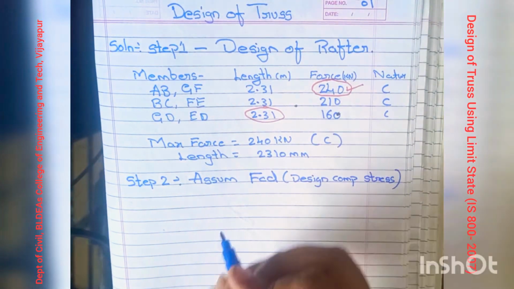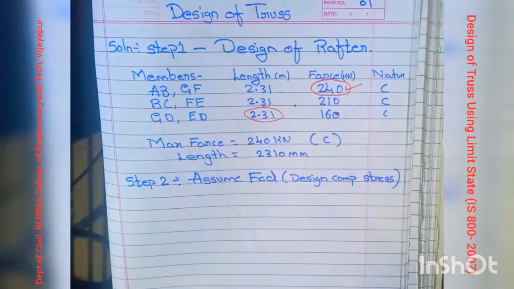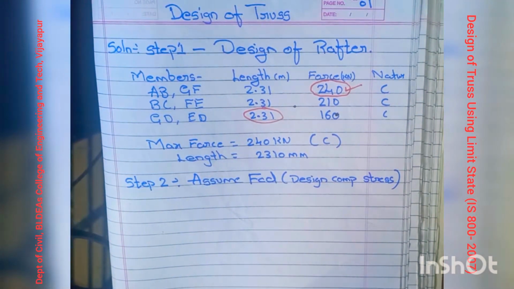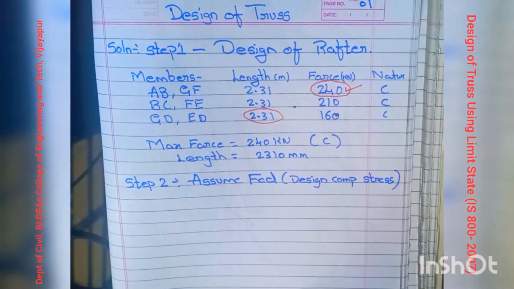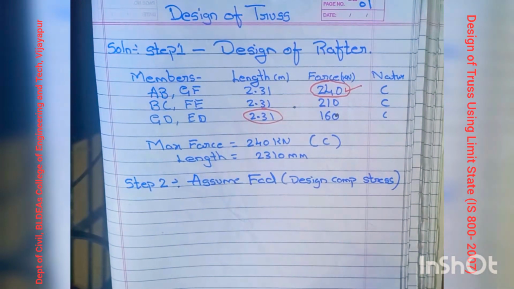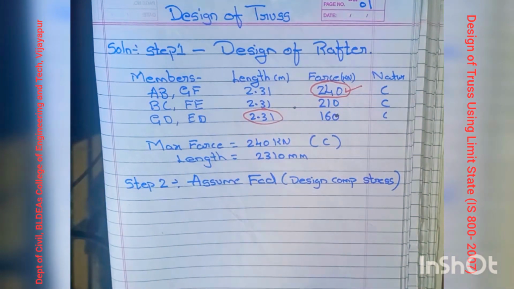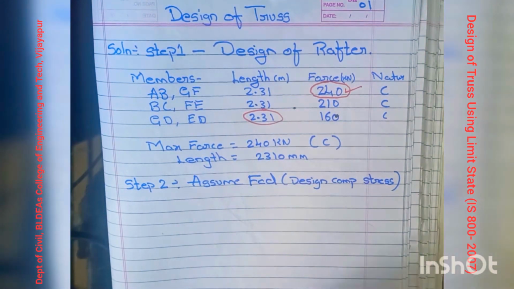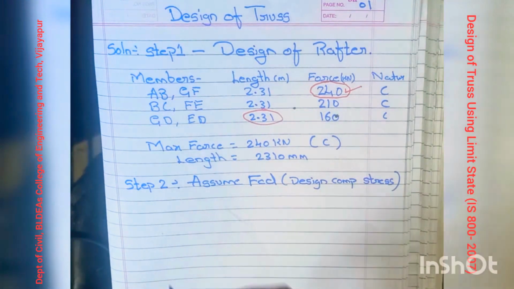To design a compression member, I have to select a trial section from the steel table. There are many sections available. So instead of checking one by one whether it is safe or not, I will assume the value of FCD. When we are designing a truss member, simply we can assume the values.